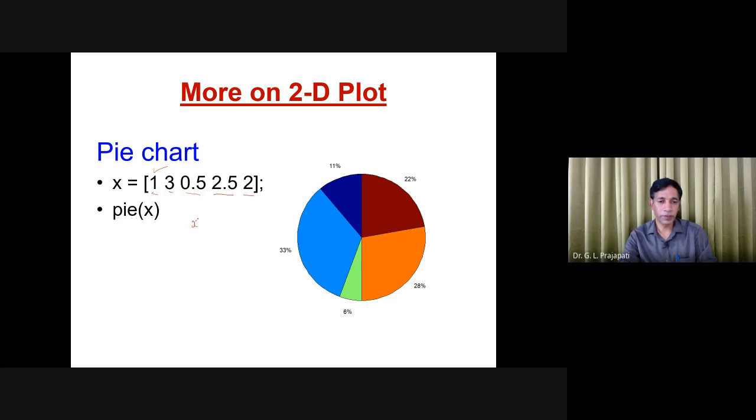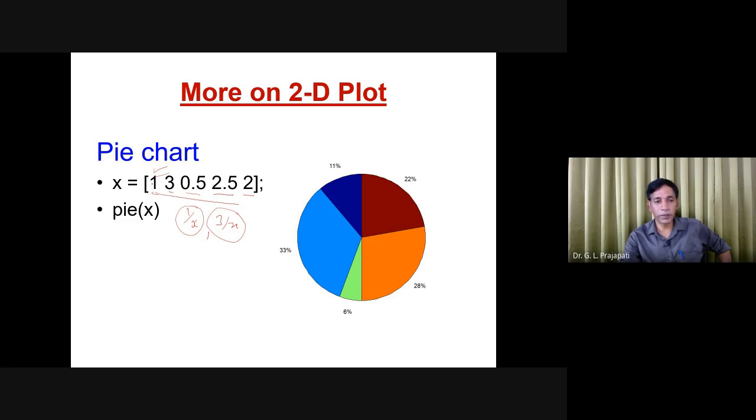Say if x is the answer, then you have to normalize. So for the normalization you take 1 by x, then 3 by x, where x is the summation of these, and accordingly you have the percentage of the area. So this is the way the normalization happens.